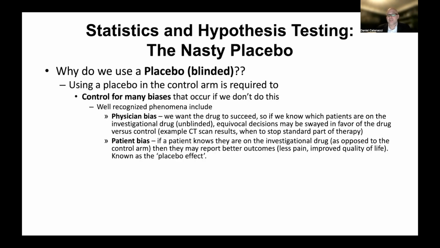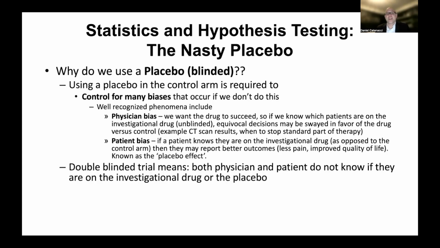And similarly, there's a known patient bias. If a patient knows they're on an investigational drug, they also want the therapy to work. And so they may report better outcomes, less symptoms of pain, less cancer-related symptoms, improved quality of life. And so this is a well-known, established fact, the placebo effect. And so if patient and physician don't know, then we've excluded that source of bias. And so a double-blinded study means neither the physician nor the patient know if they're on an investigational drug or the placebo.